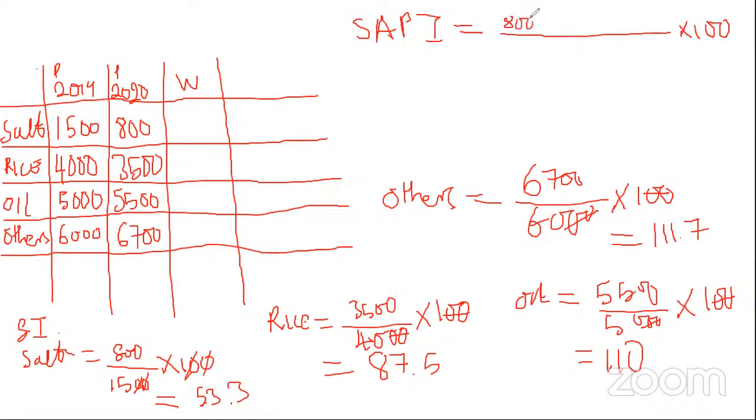So this is 800 plus 3,500 plus 5 plus 6,700, and then we divide it by 1,500 plus 4,000 plus 5,000, then plus 6,000.